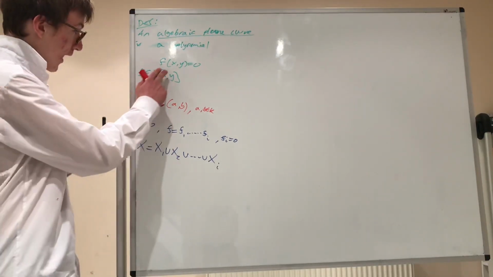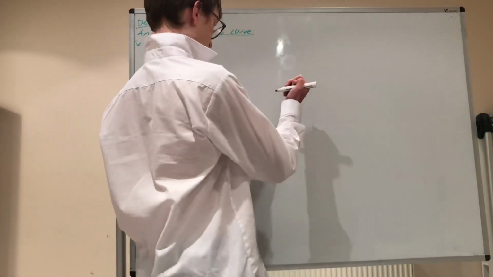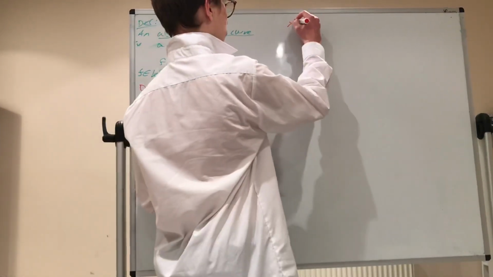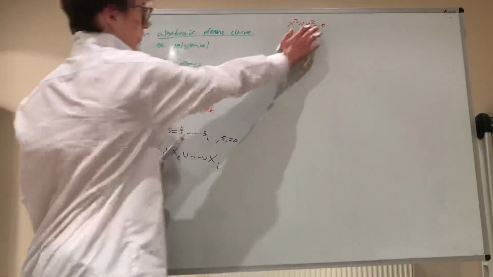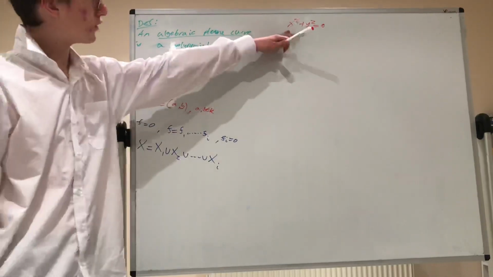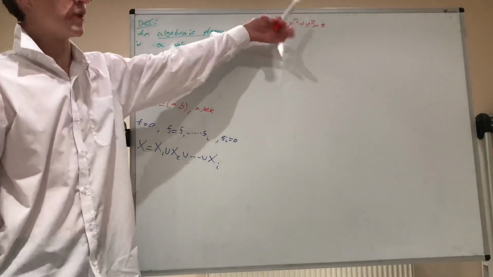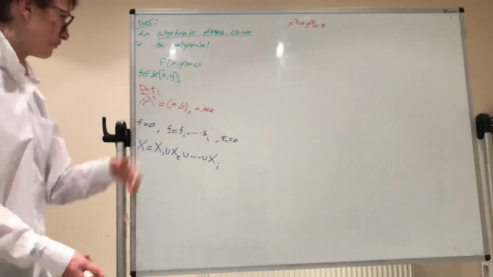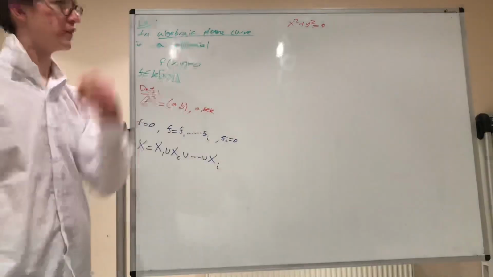Now if we take a look at something like x squared plus y squared equal to 0, the degree of this should be 2, no? This binomial is of degree 2, and we want the degree of the curve to be the degree of the binomial, so let's go ahead and say that's 2.